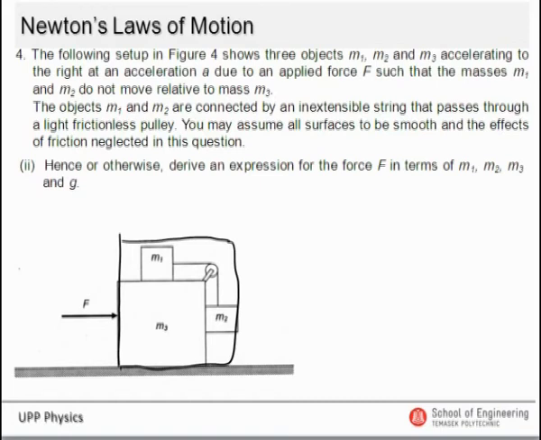So there will be the weight of the system, let's call it W, and there will be a contact force acting on the system, let's call this N. There's also a third force acting on the system, which is this force F, which is already given.